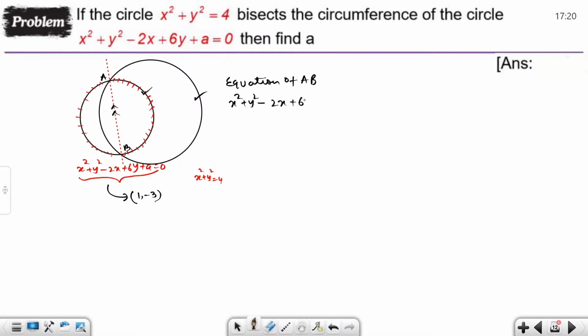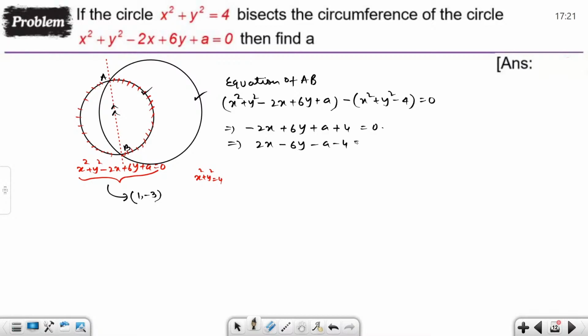What I am doing, I am simply subtracting one equation from the other. So that is the equation of the common chord in this case, which is actually our radical axis. So we are having, right? So this is the equation of the common chord.